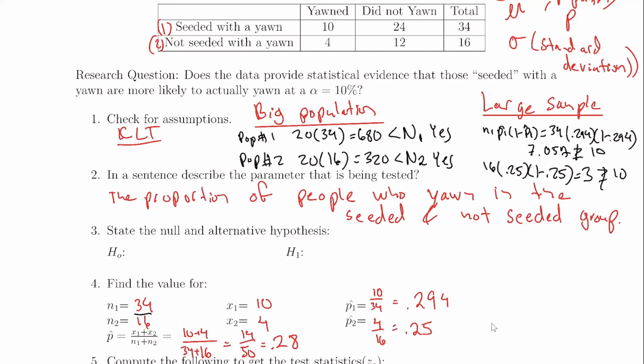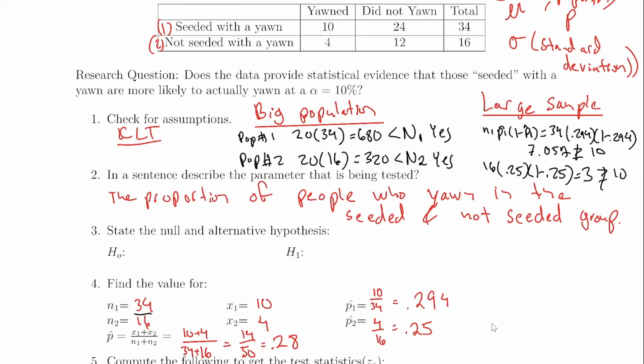So if you look at it, for this sample size, they actually didn't get a big enough sample size. So anything that we get from this study is essentially pretty much non-useful for us. Because in order for it to be useful, we do have to have a big population, but also more importantly, you do have to have a large sample size. And what this is telling me is that the sample size is not big enough.